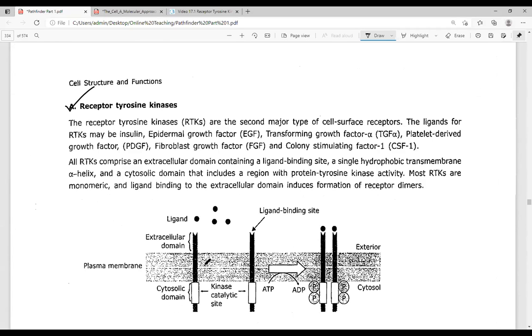Now, these receptor tyrosine kinases always have a cytosolic domain with kinase activity. So, these are the receptors that have a cytosolic domain with kinase activity present within themselves.